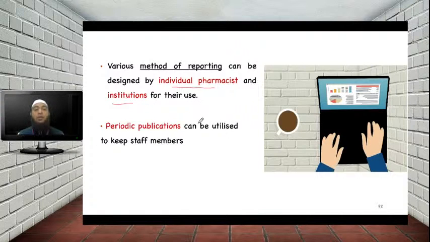In addition to this, periodic publications can be utilized to keep staff members informed about adverse drug reaction. There may be a monthly bulletin or monthly magazine on adverse drug reaction. Likewise, there are many journals that publish papers only on adverse drug reaction. If such publications come periodically and the staff members of the hospital, the physician or the pharmacist go through them, then they are updated with real-time information about adverse drug reactions of any newly marketed medicine or any new adverse drug reaction of an established medicine, right? So periodic publication can be utilized to keep staff members informed of adverse drug reaction.